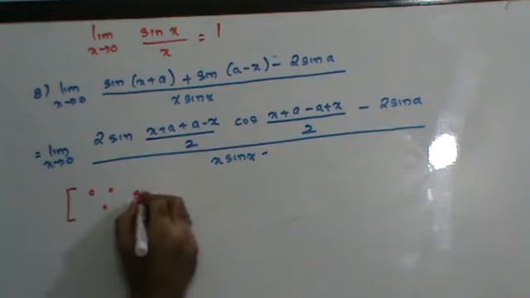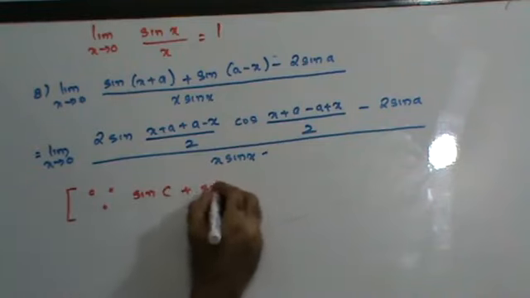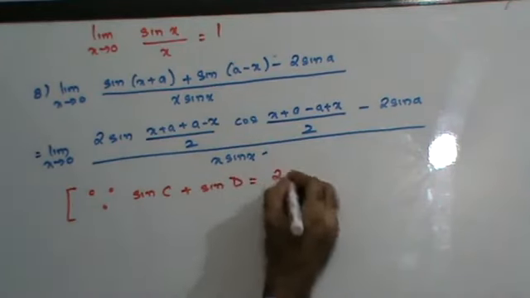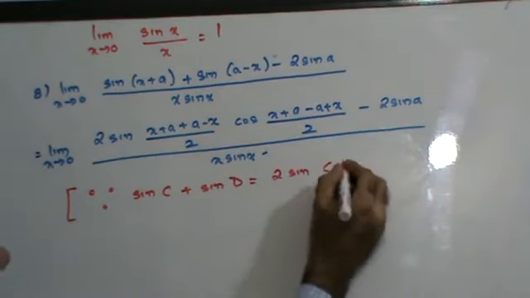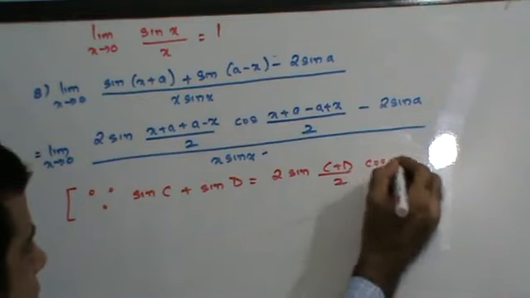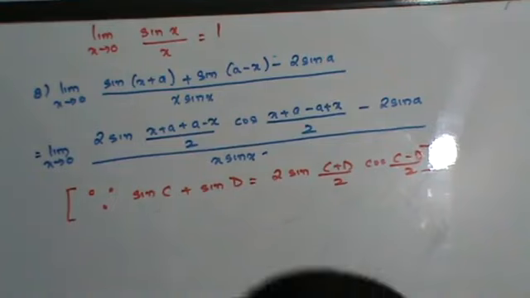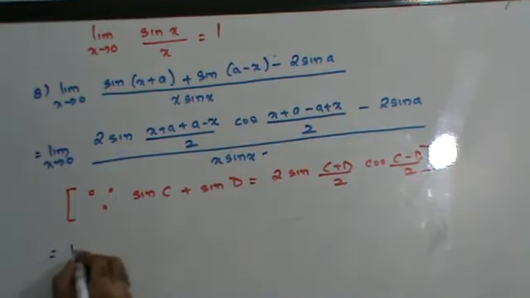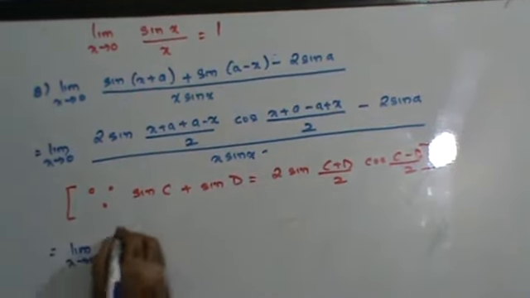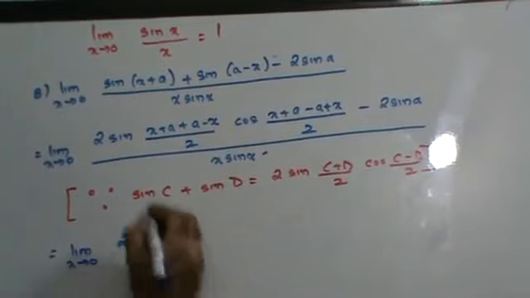The formula that I use is the factorization formula, sin c plus sin d. Sin plus sin is 2 sin (c plus d)/2 cos (c minus d)/2. Right? Let's see this. This can be written as limit of x tends to 0, 2 sin.